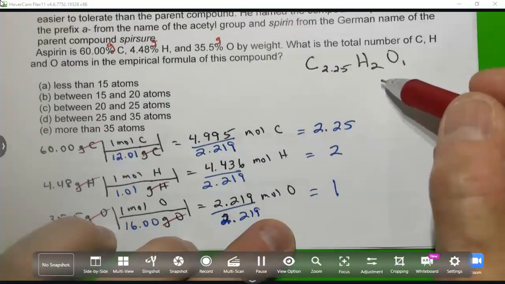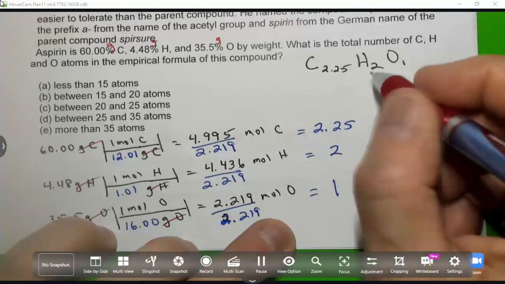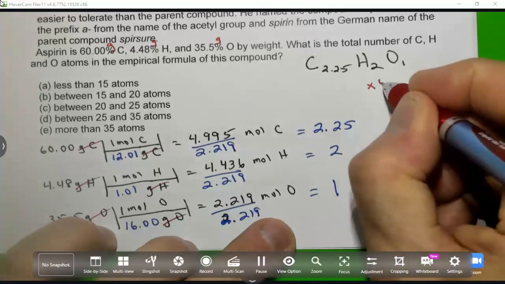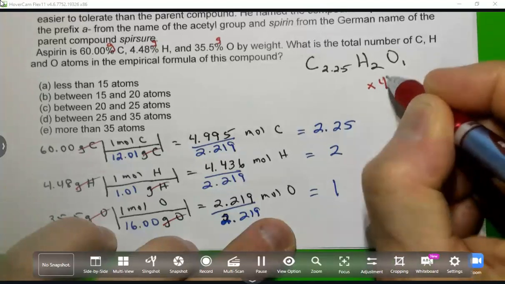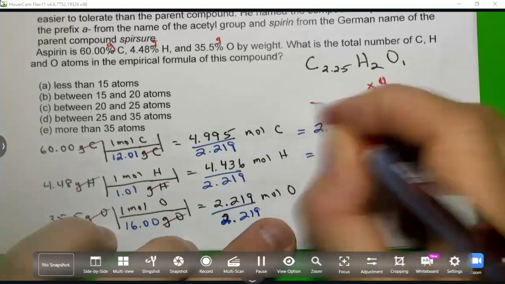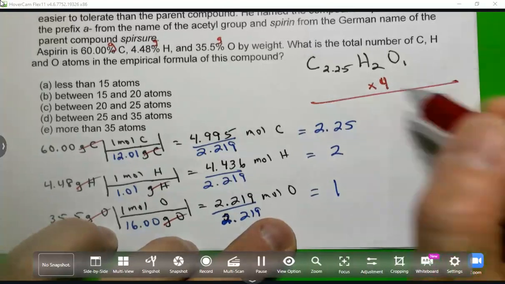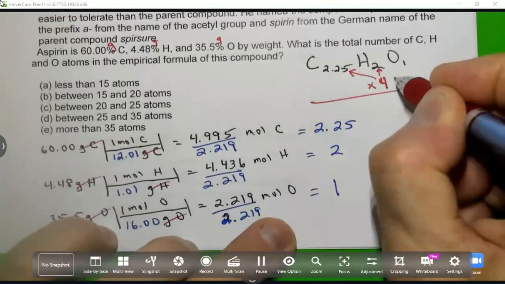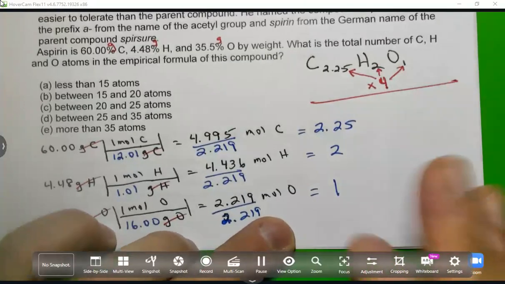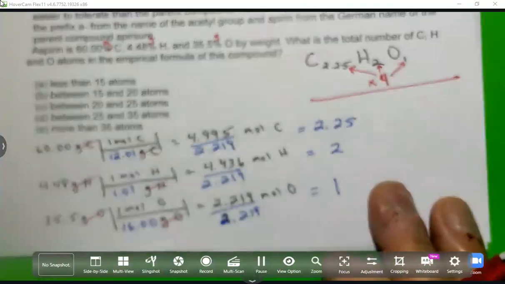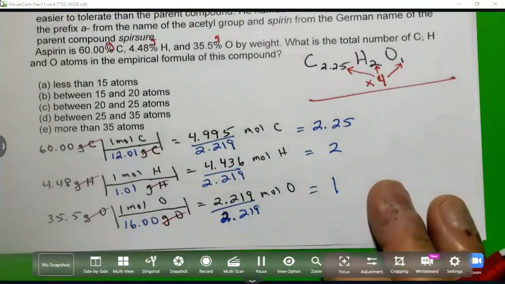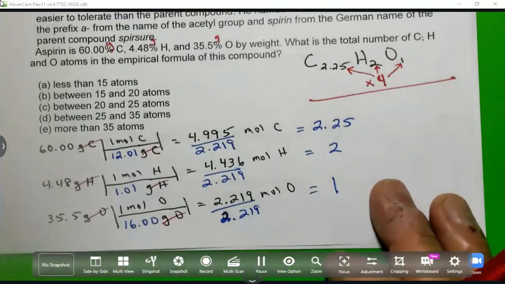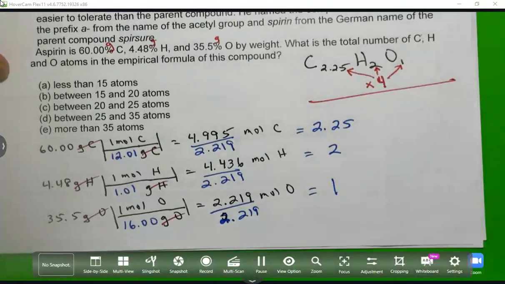We're going to multiply everything by 4, correct? We're going to multiply all of these by 4 to finish this problem, and then we have to add them all up. Okay, that will close the book on this quiz.